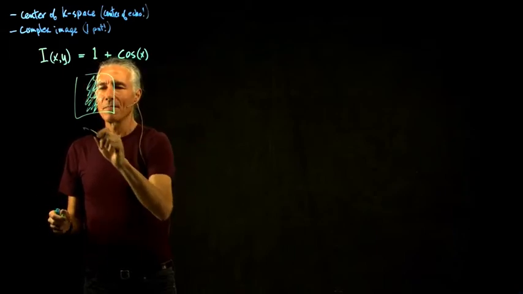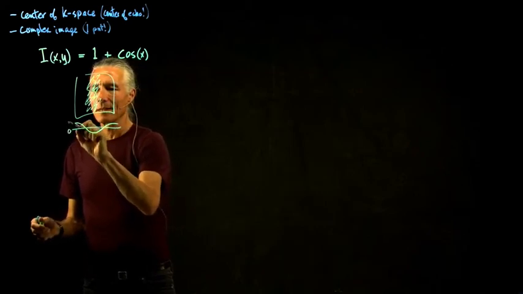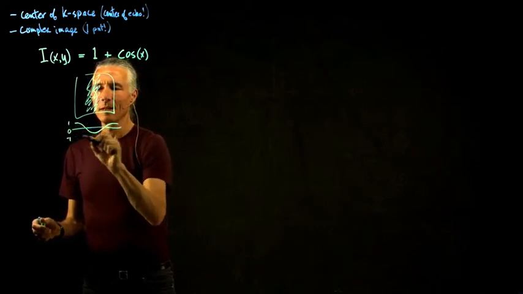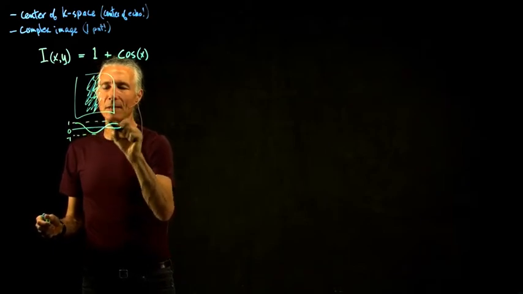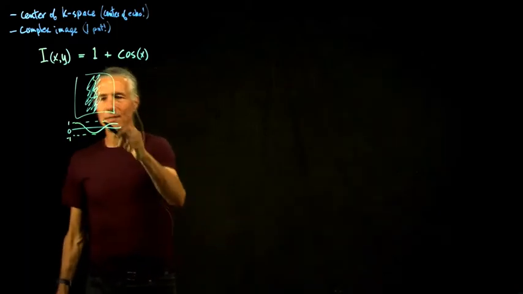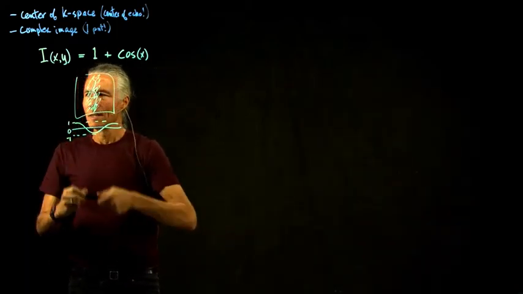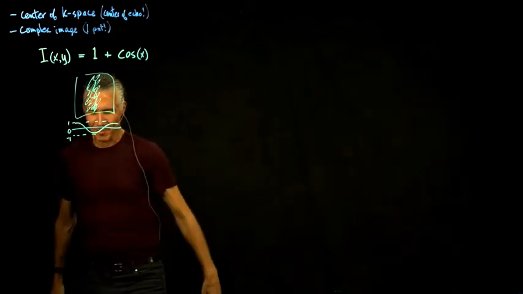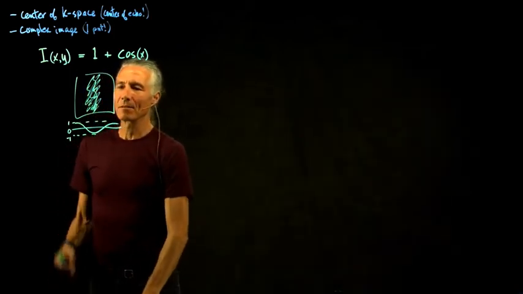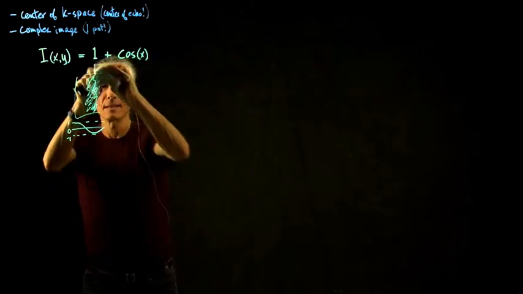The image was 1, minus 1. It was kind of dark here, and then as you went out to the edge, it got bright. So that was our cosine brain. Now all we're doing is adding 1 to that, and seeing what it does.